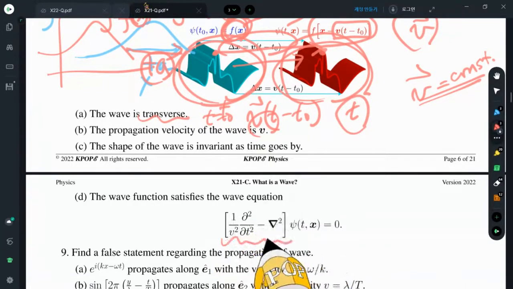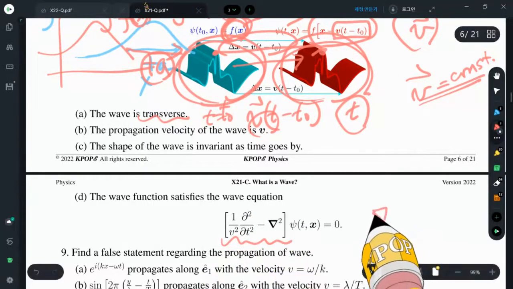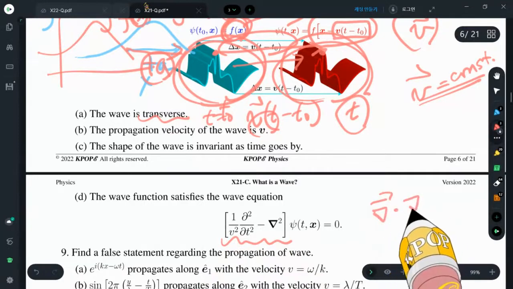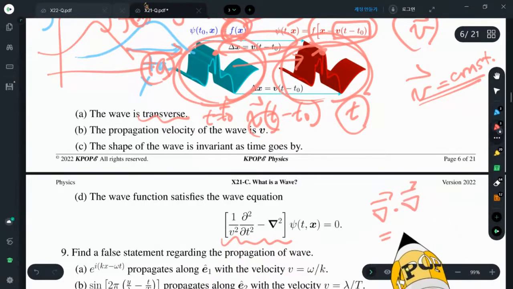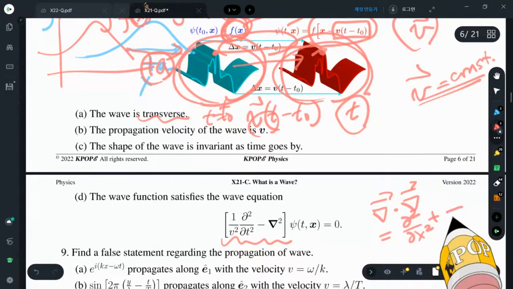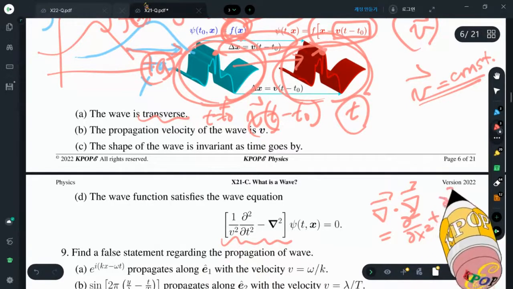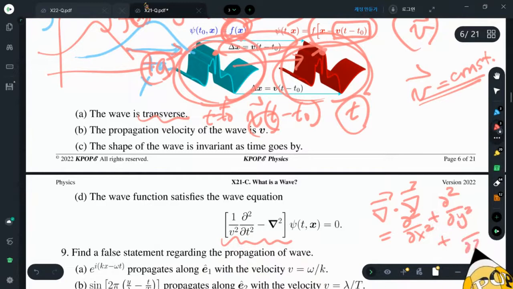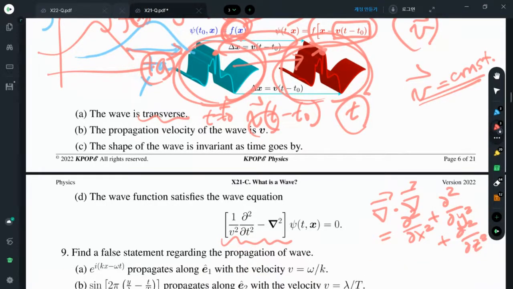This equation of motion shows 1 over the speed of propagation squared times the double time derivative, subtracted by the Laplacian. And the Laplacian is this one, the sum of second order derivatives in x, y, and z.